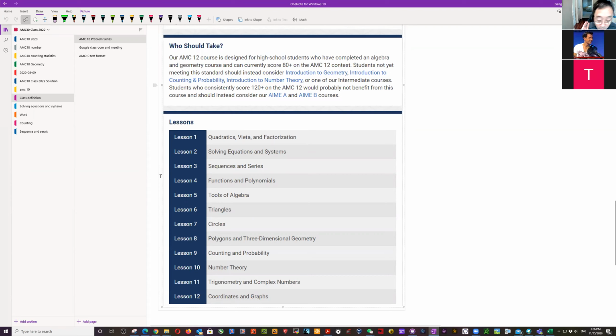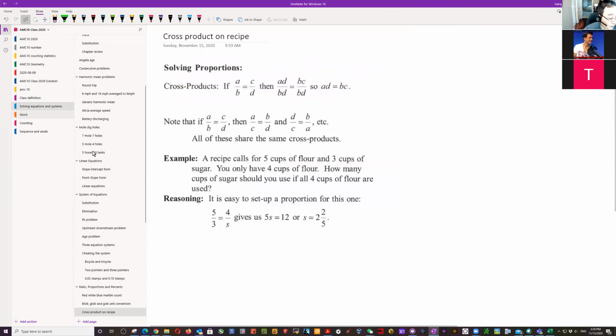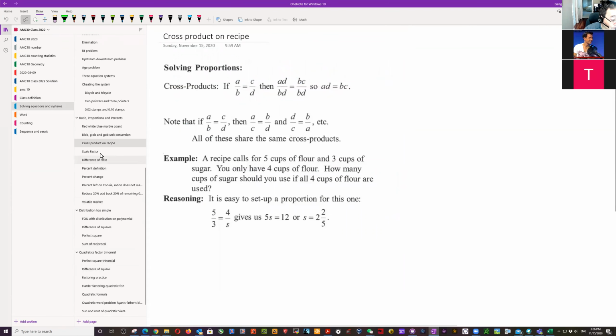So I think we can finish the ratio problem. The ratio problem is just, if you're given a ratio, it does not necessarily have to be written in this format.